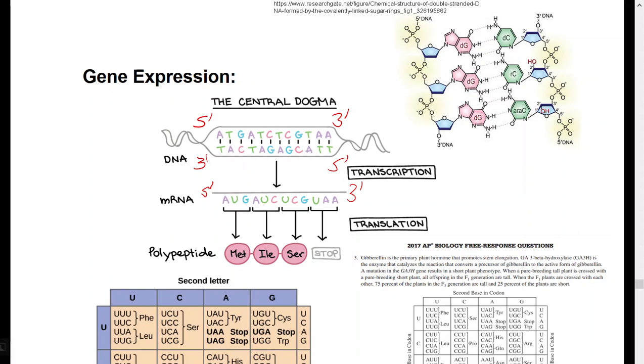But the main thing to know is how the structure of this relates to its function. When we're talking about that, I'm talking about things like the orientation. You have this 5' end and this 3' end of the sugar, that bond.